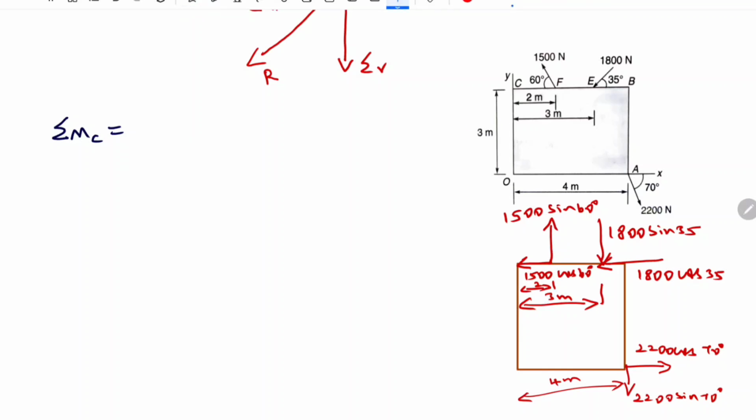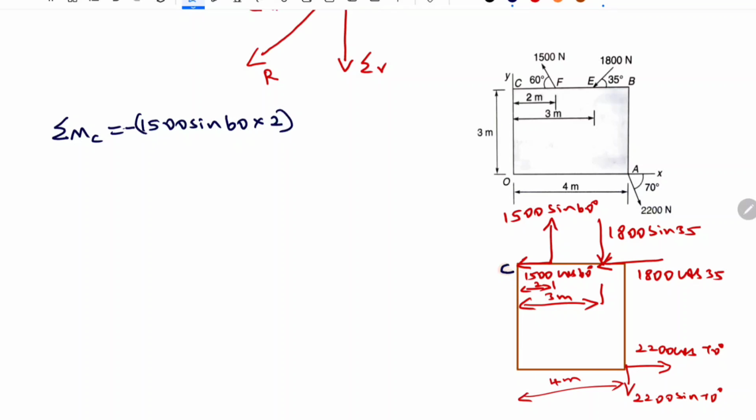This is the line of action of the force and this is the distance between the force and the point C. So it is 1500 sin 60 degree into 2. Now coming to the direction, this force is acting in the counterclockwise direction, so it is considered as negative.